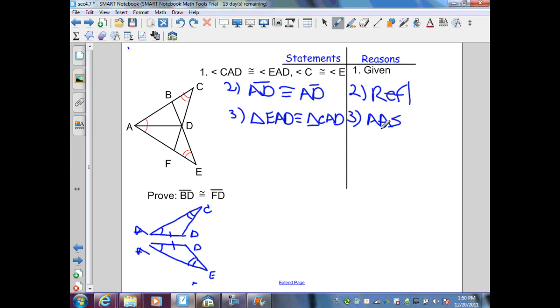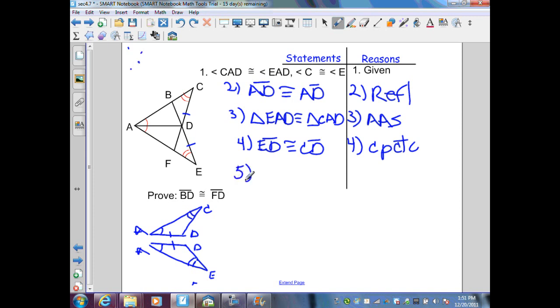Therefore, I can state that segment ED is congruent to CD by the method of CPCTC. Corresponding parts of congruent triangles are congruent.